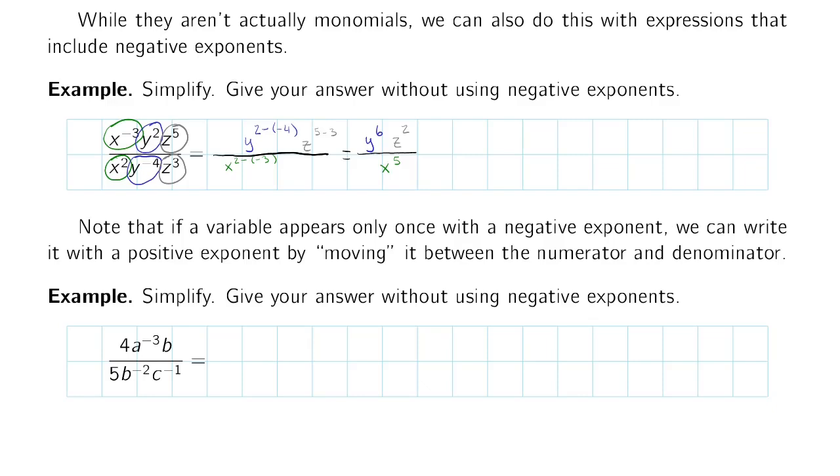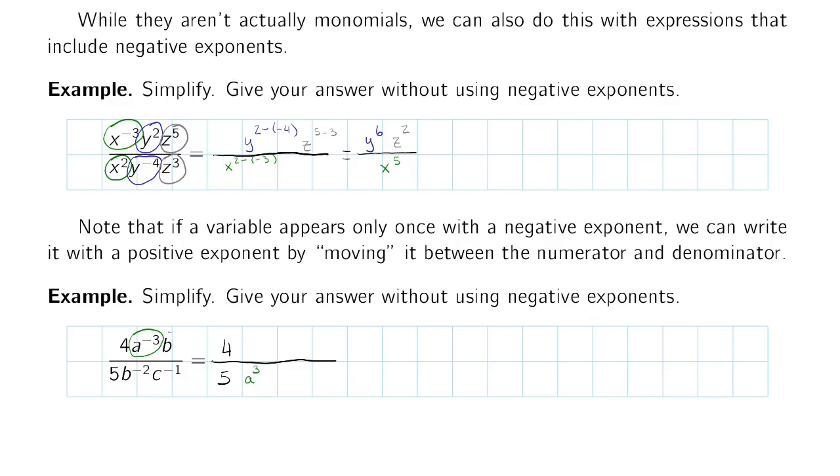So in this last example, I have 4 times a to the negative 3 times b over 5 times b to the negative 2 times c to the negative 1. 4 and 5 have no common factors, so I'll just copy those. A appears only as a to the negative 3 in the numerator, so I'll make that an a to the positive 3 in the denominator.